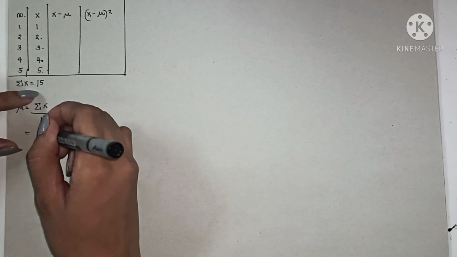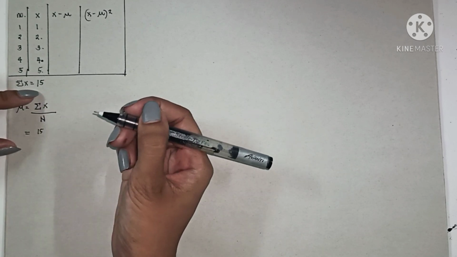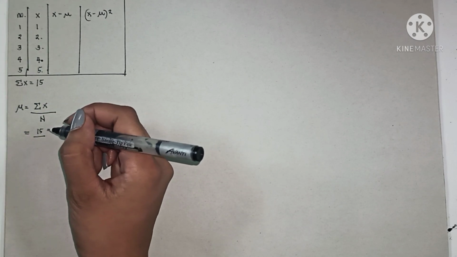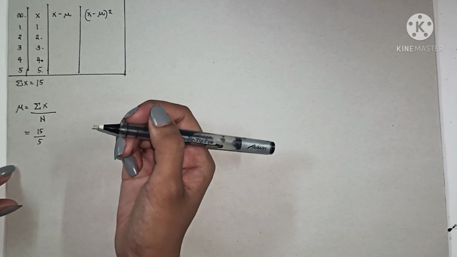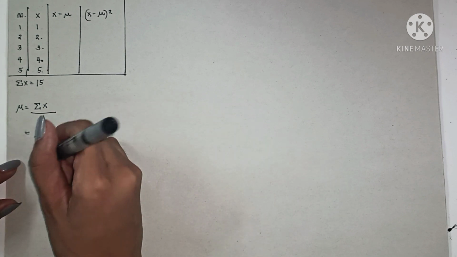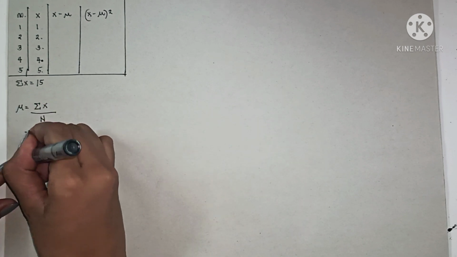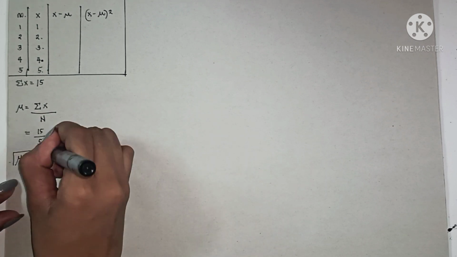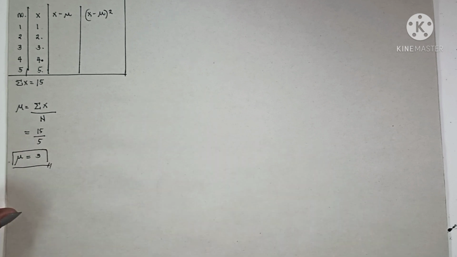So yung summation of x natin is 15, over, ilang data meron tayo, ilang population, meron tayong 5. So 15 divided by 5, then the answer is 3. So ibig sabihin yung value ng mean natin or yung population mean natin is equal to 3. So now, makakapag-proceed na tayo sa next column.